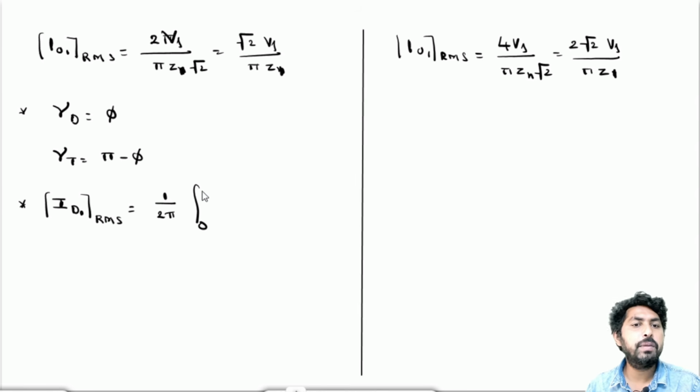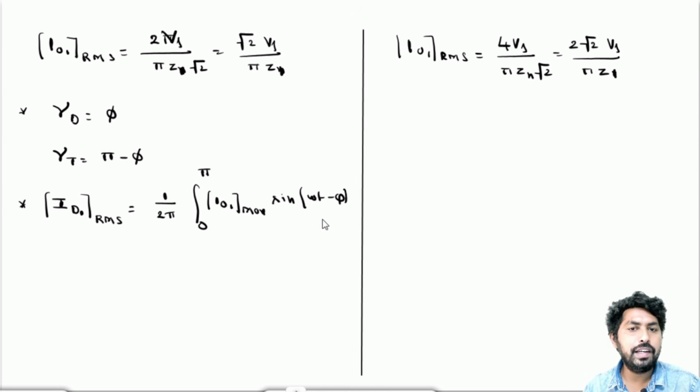It is conducting between 0 to π, and the fundamental current will be I01 max into sin(ωt − φ) d(ωt). We need to square this one, and it should be under the root.